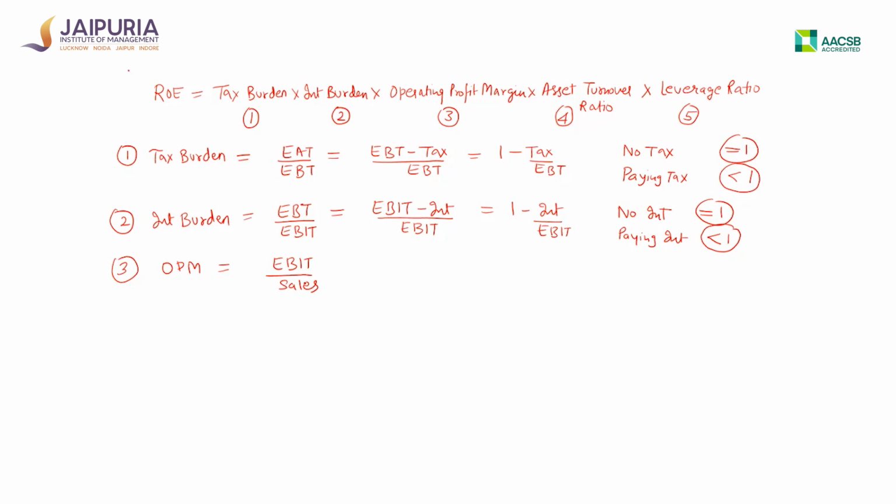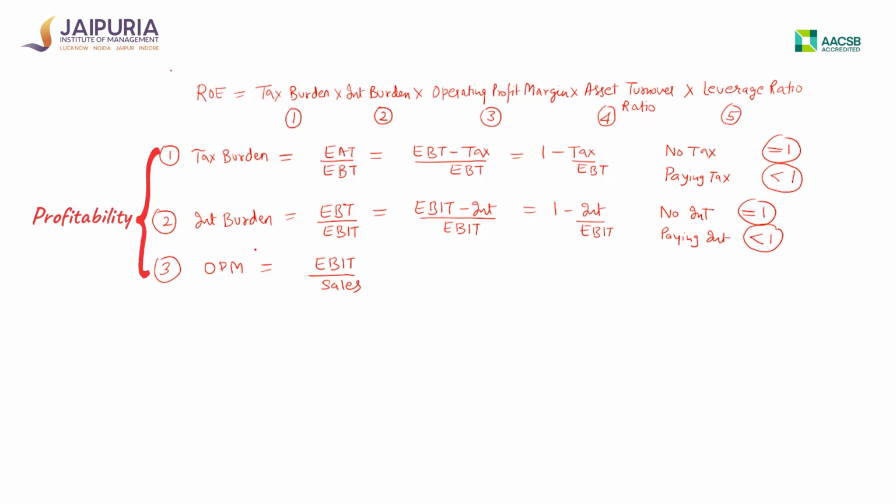The higher this ratio, the better, because the business is generating more profit from its core business. Fourth is the asset turnover ratio, which indicates how effectively assets are used to generate revenue. That is sales divided by total assets, showing how efficiently we use each and every rupee employed in the business.